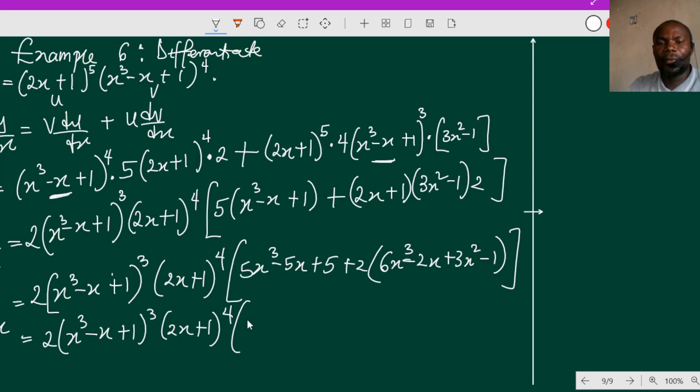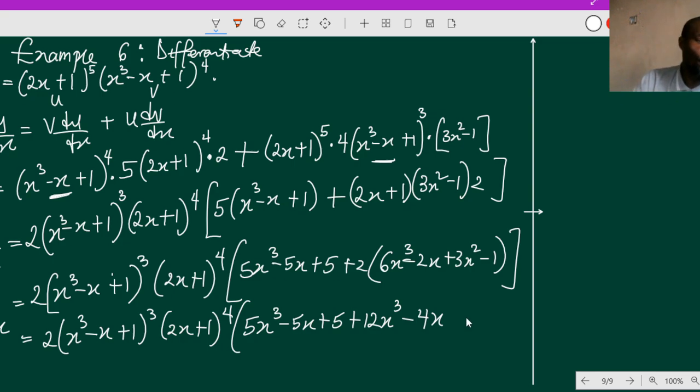You have 5x cubed minus 5x plus 5 plus 12x cubed minus 4x, minus 2 times minus 4x, yes, plus 6x squared minus 2.